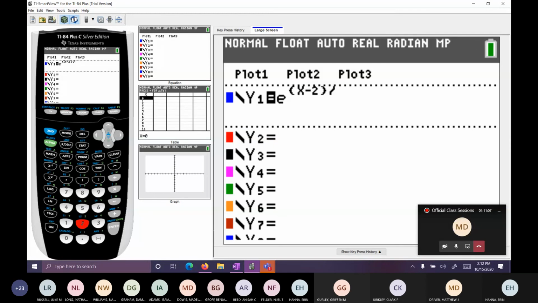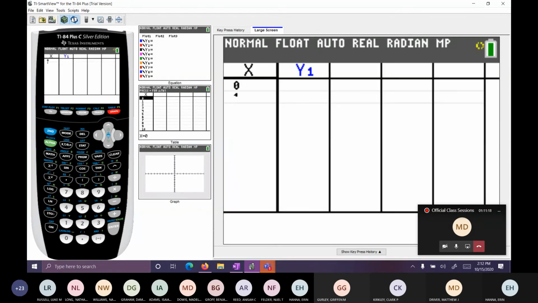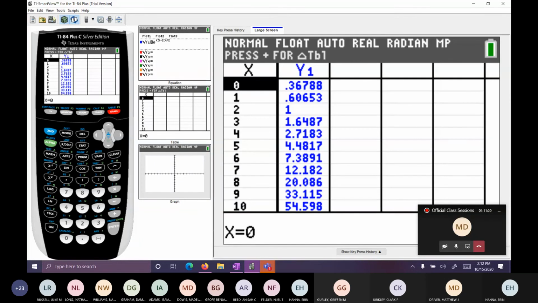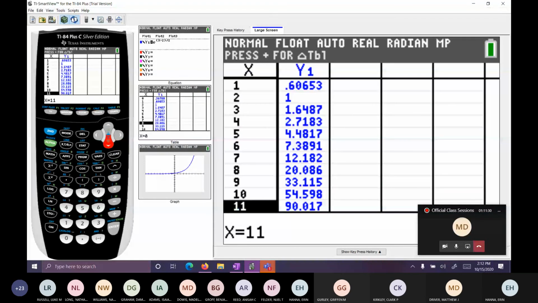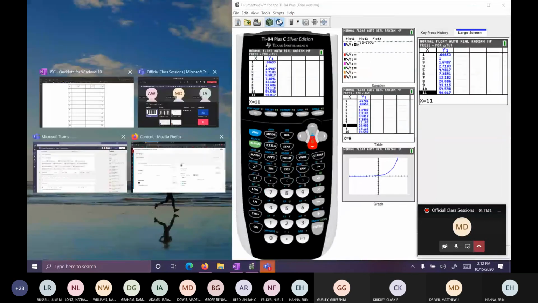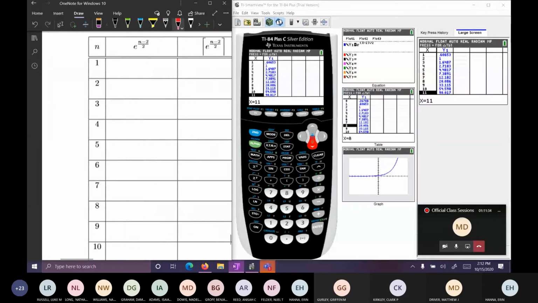Put that in parentheses, because if you don't, it won't do what you think it does. And if you didn't know this, if you hit second graph, it pulls up a nice little table for you. Since we wanted just the values from 1 to 11, I just got to scroll down to get 11 in here, and then we can just copy this down.